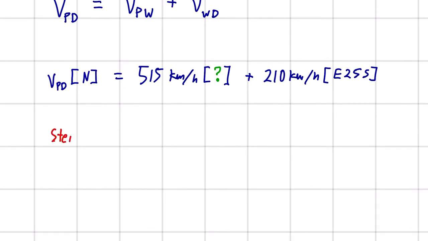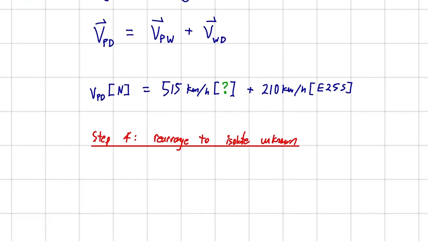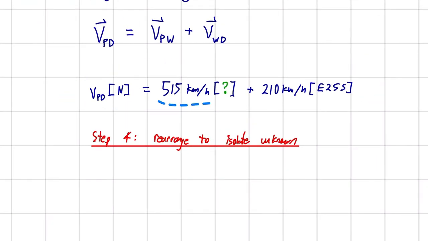So let's move on to step 4, to rearrange to isolate unknown. So remember, our unknown is that green question mark. So we need to rearrange this equation to isolate this term.